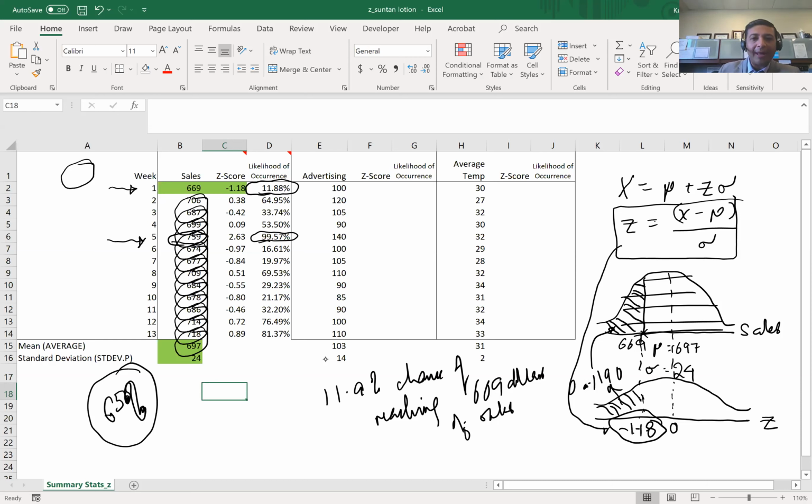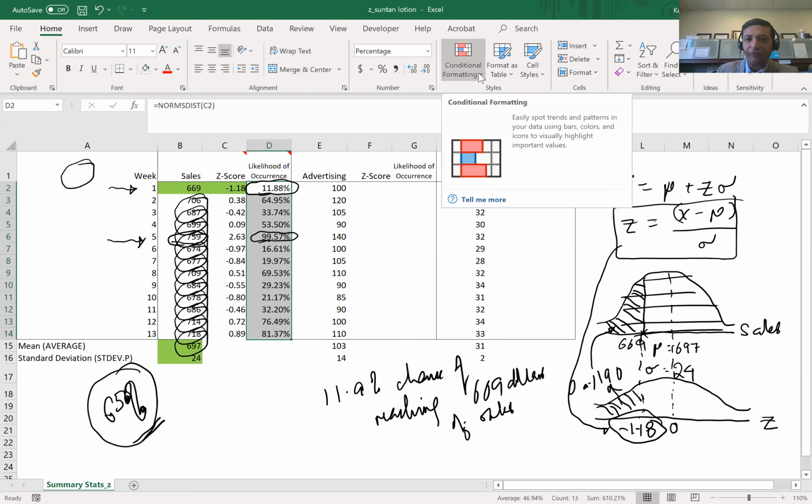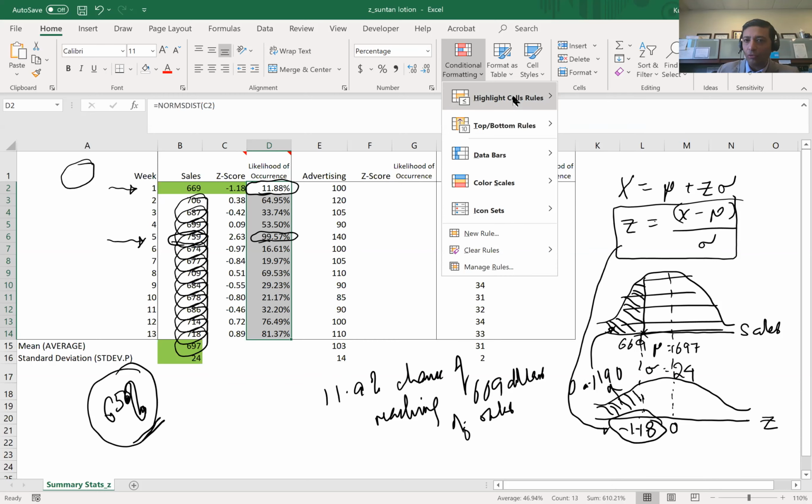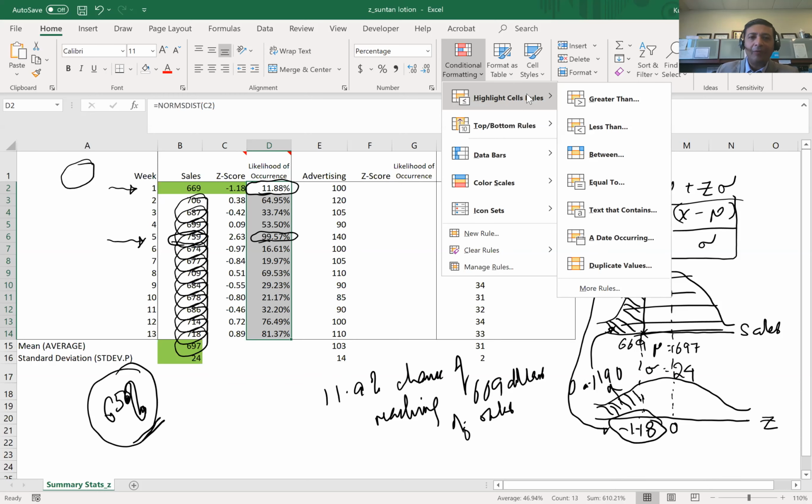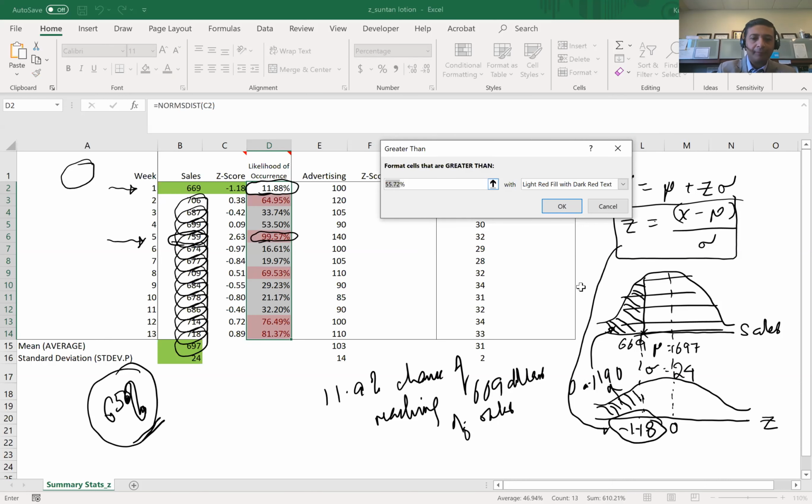Okay. So what I can do is I can choose all of these column points. And under the home ribbon, you see something called conditional formatting. So I can look into conditional formatting, and I can say highlight cell rules, and I want to highlight those cells that are greater than 65%.